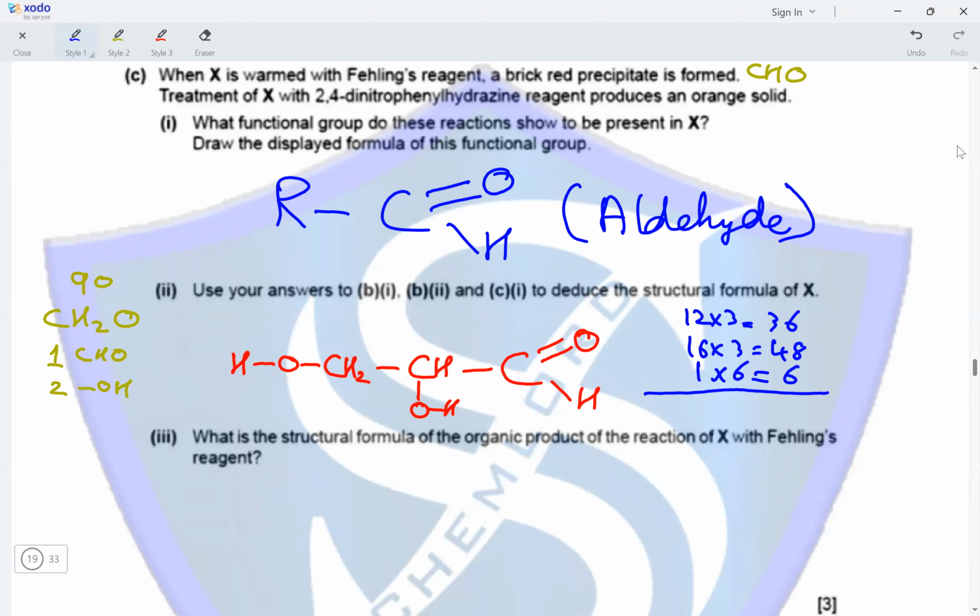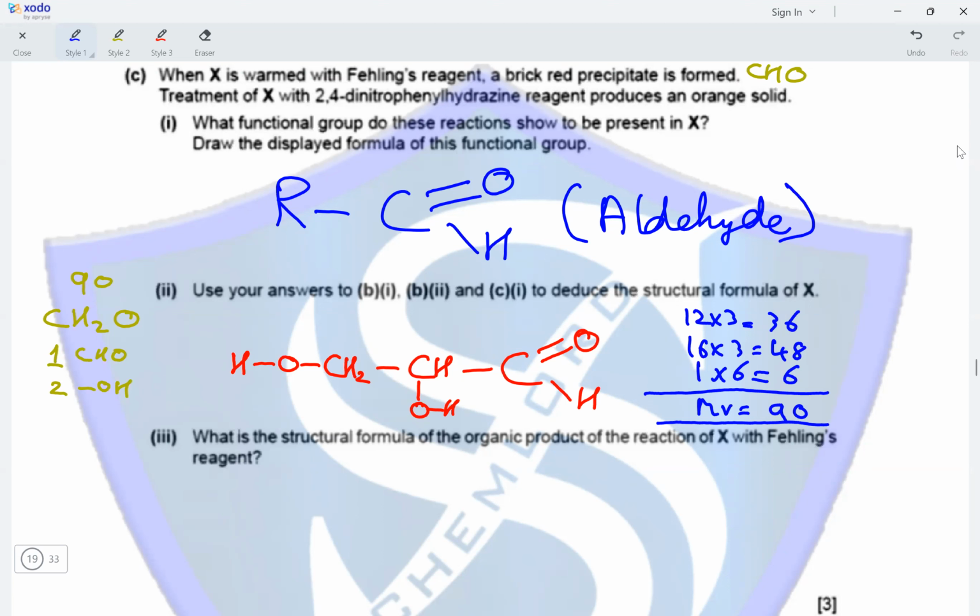So a total of 36 plus 48 plus 6 gives us a value of 90. So the MR of this compound is 90, which means that the formula that we have made is the correct formula for compound X.